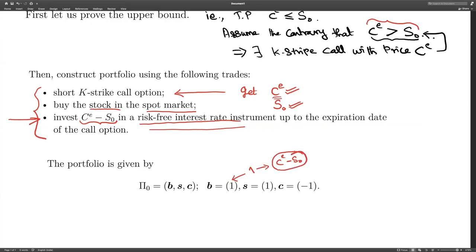Or you simply put it in the savings account, then you can just consider it as 1 unit. Okay, so it is just an interpretation here. And you bought one stock in the spot market and you short one contract, which is a call option in our case, in the derivative market.